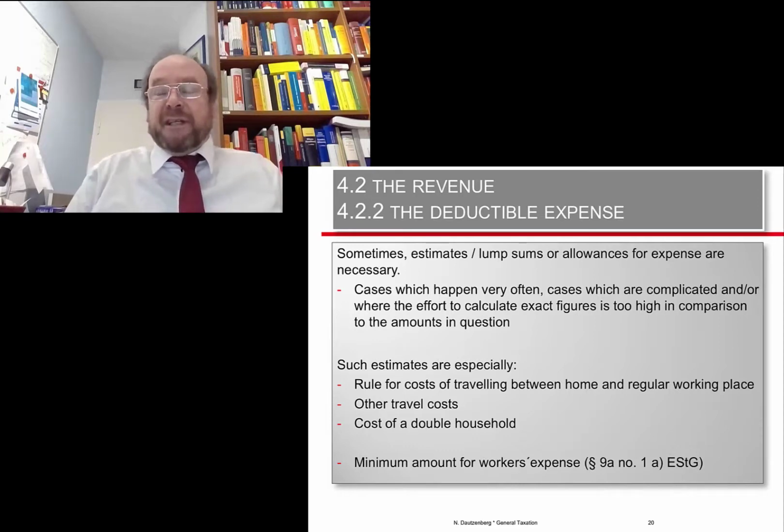And now we would again make the test. Is it caused by the job? Yes, certainly. I need to stay overnight for 3 days. Is there any private consumer related motive imaginable behind the whole affair?